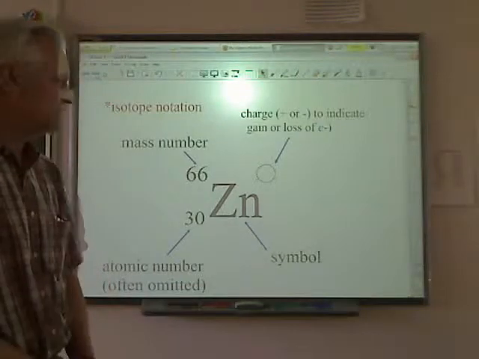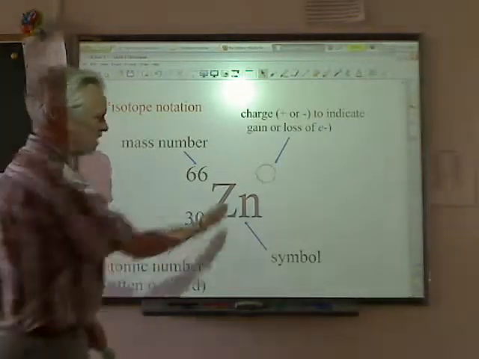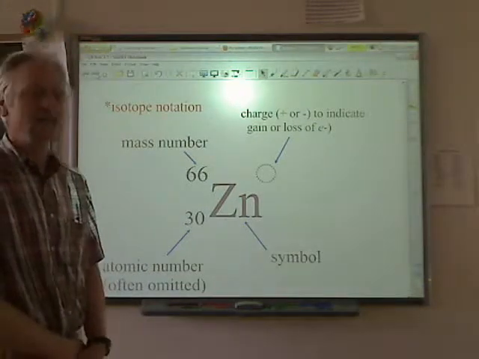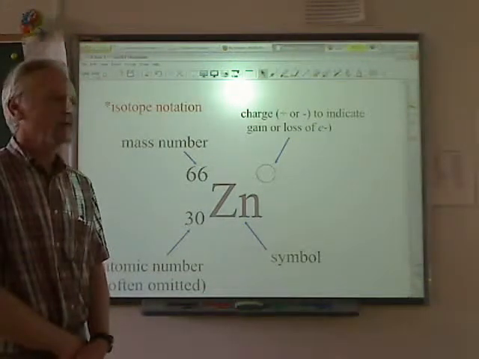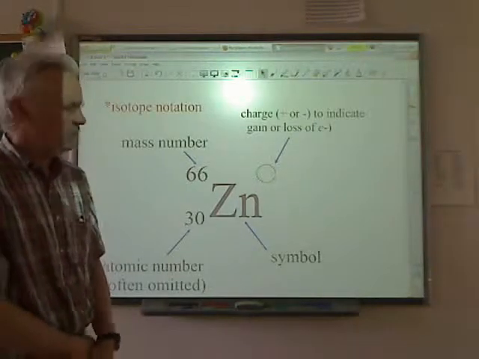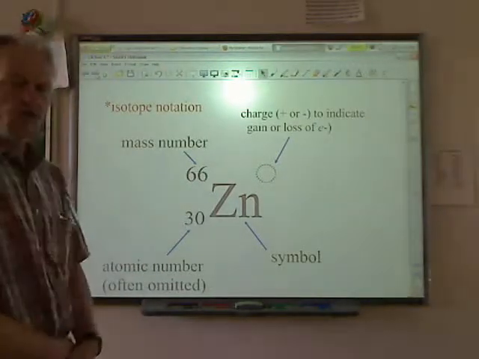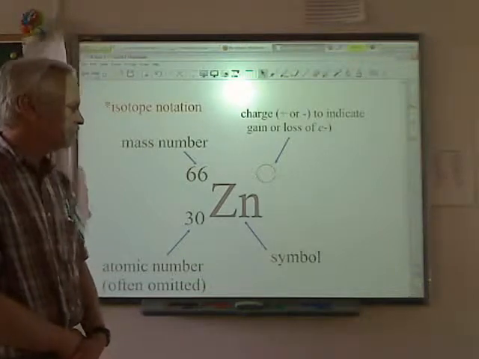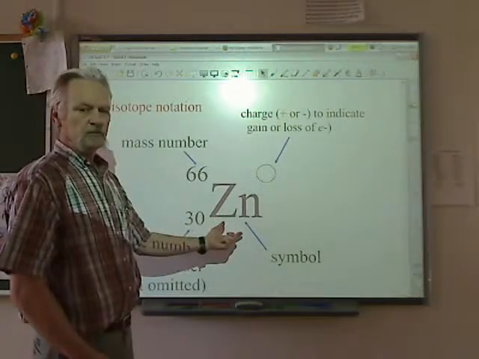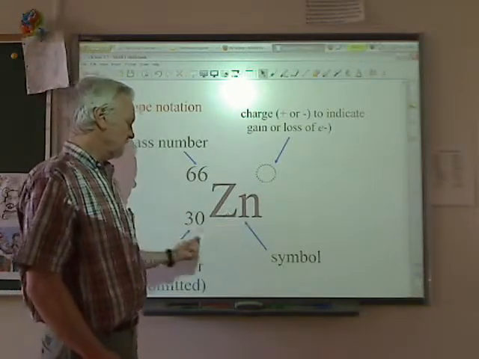And here we simply take the element symbol, shown here the example is zinc, and then put information around it as needed to communicate whatever we're trying to communicate. Sometimes it's a very simple thing, in which case we don't have a lot of information around it, and other times there is more than meets the eye here. In any event, if you look at your periodic table, you'll see that the atomic number for zinc is 30.